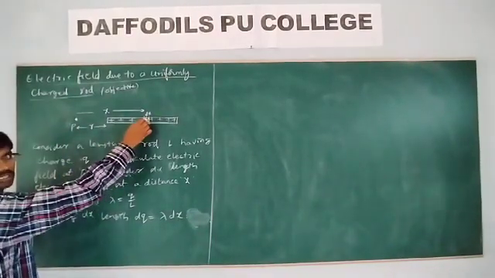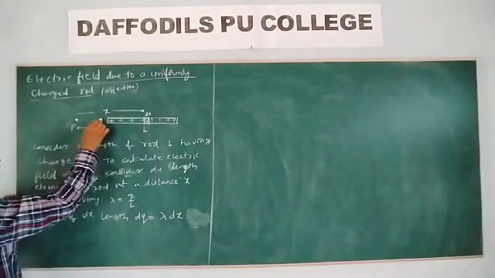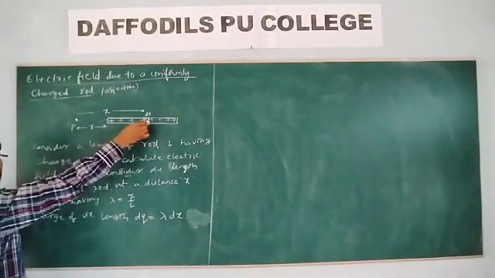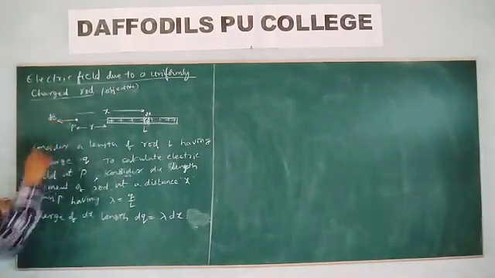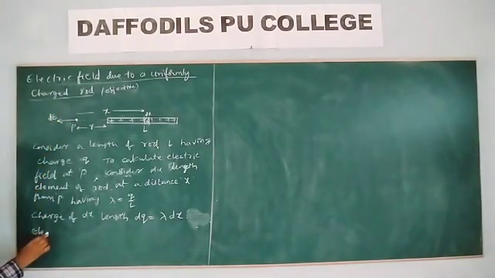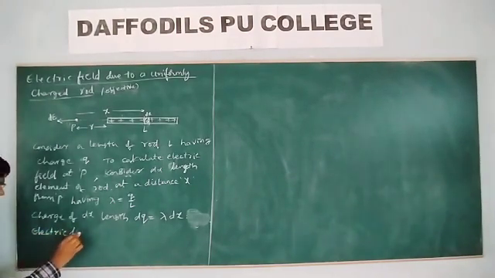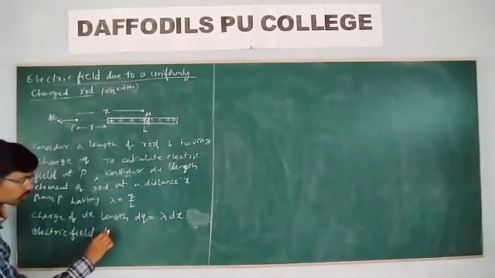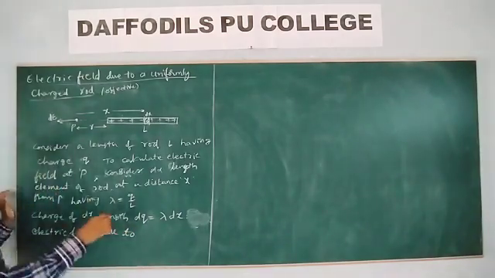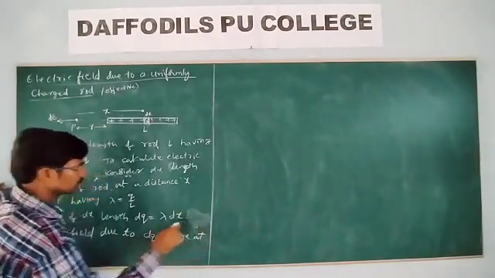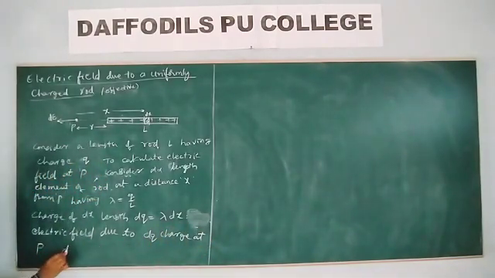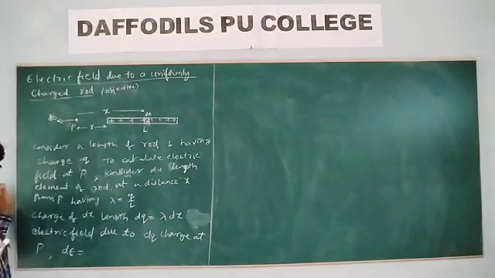Now, due to this dq charge, what will be the electric field at this point? As it is a positive charge, the electric field is radially outward, which is dE. Therefore, the electric field due to the dq charge at P, which is dE, very small, is equal to, what is the formula for electric field? 1 by 4 pi epsilon Q by r square.